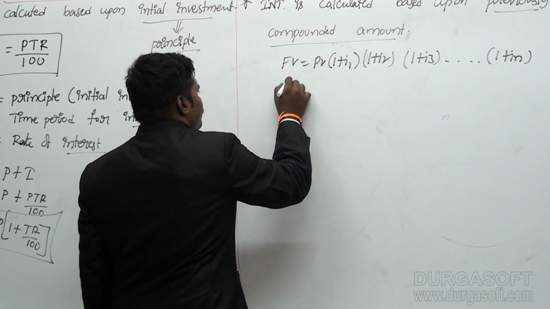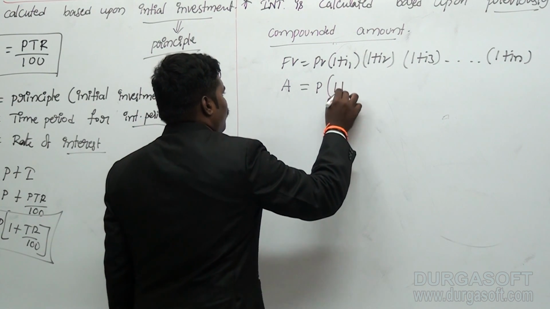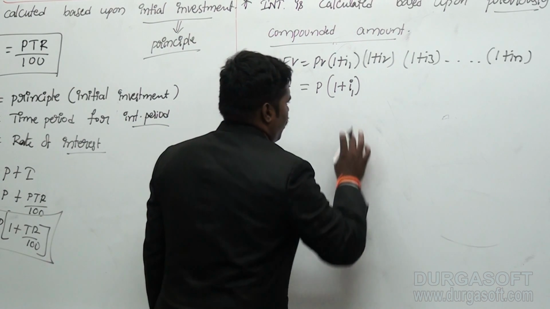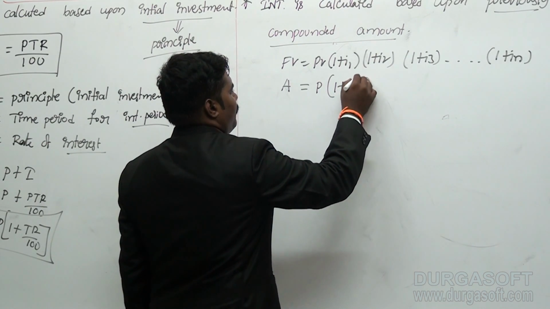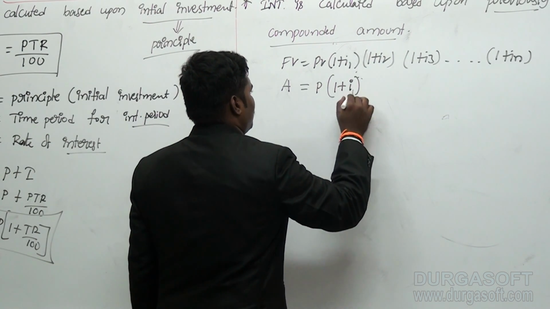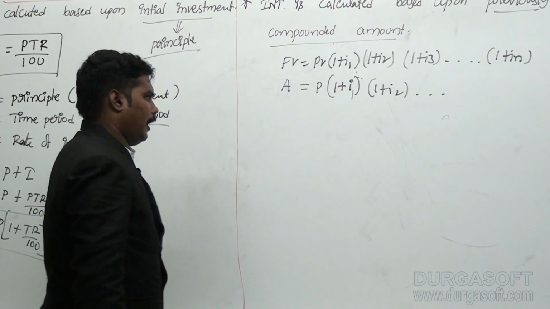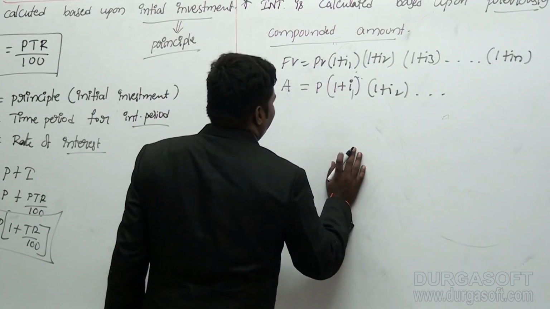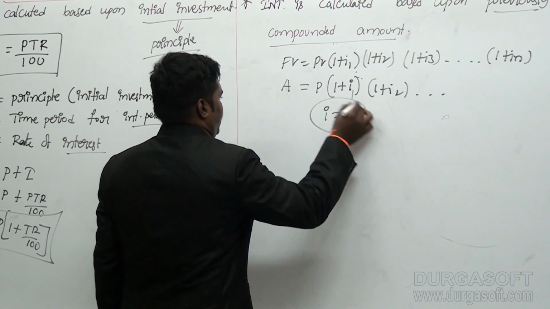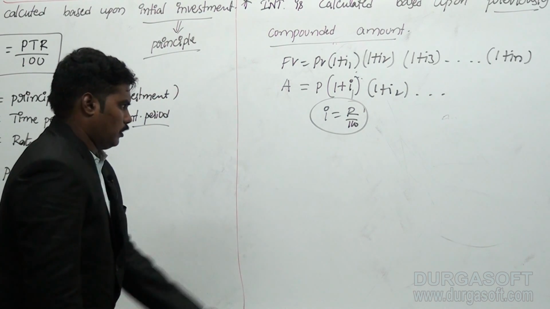In this, future value is nothing but the amount, present value is nothing but the principal. (1 plus I) whole power n is the same as using 1 plus I1, 1 plus I2 and so on every time. While calculating the answers, I is equal to R by 100 directly, where P is equal to principal and A is equal to amount.